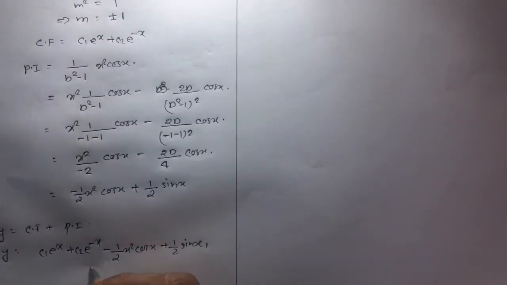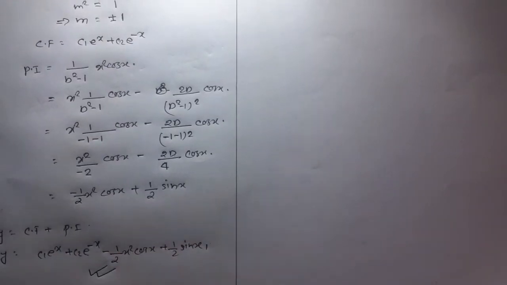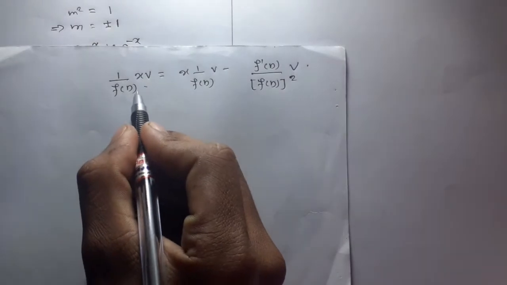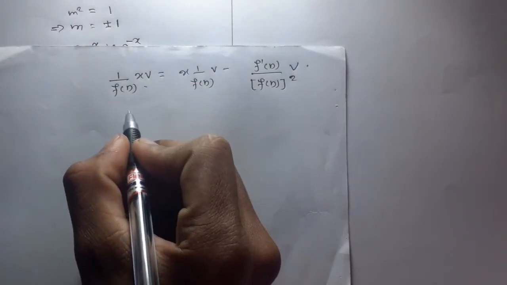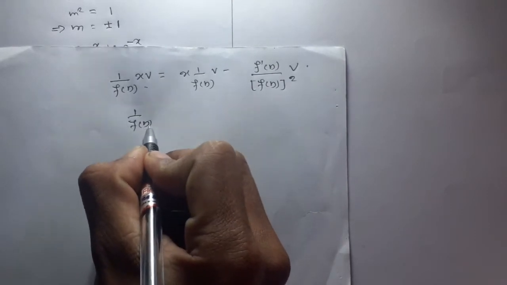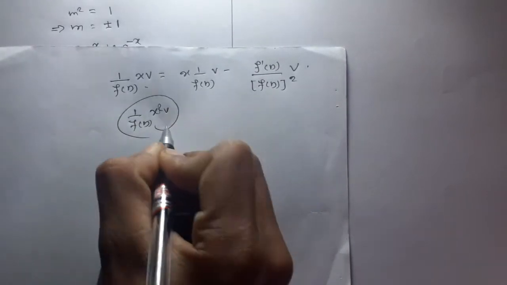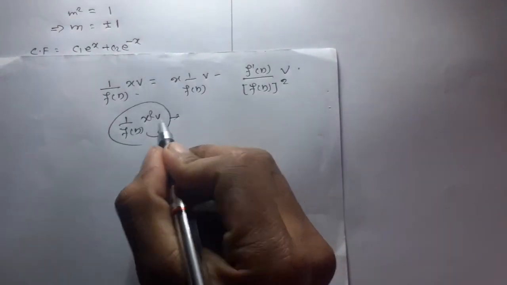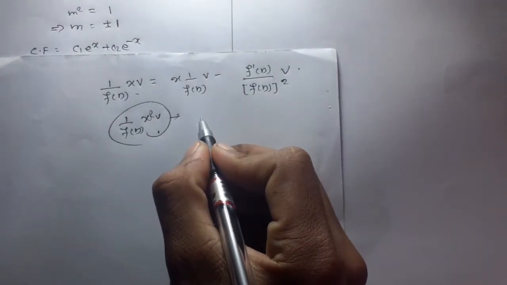And this answer is wrong, because we have a formula for 1/f(D) x·V, but we have no formula for 1/f(D) x²·V. So we are going to use a new concept to solve this question.